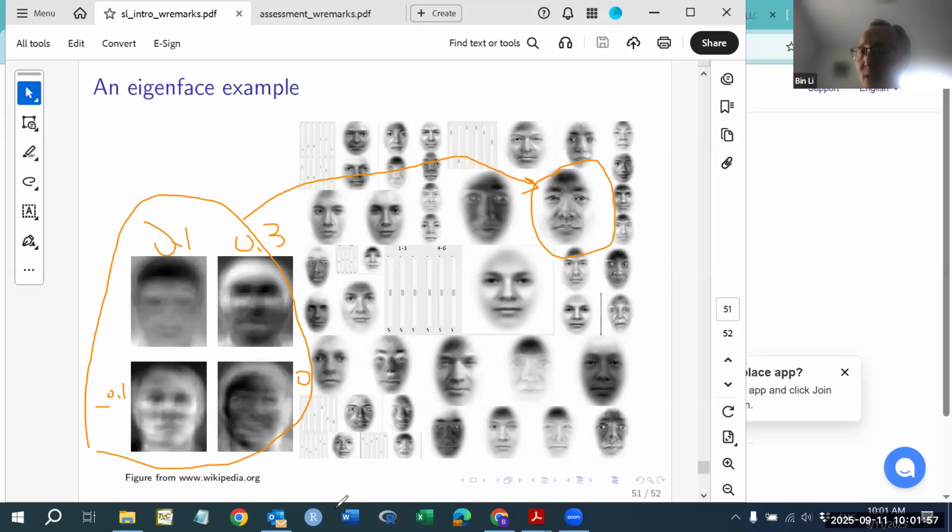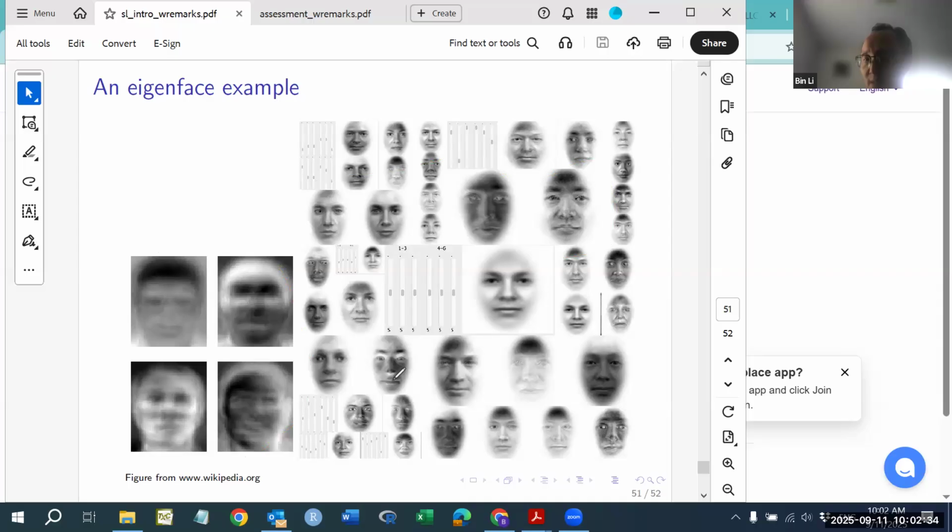That not only reduces the storage size, but is also a good way to represent high dimensional image data in low dimensions. That makes it possible for human beings to visualize high dimensional data in low dimensions. That technique in statistics is called PCA, and we will talk about that later. This is also unsupervised learning.